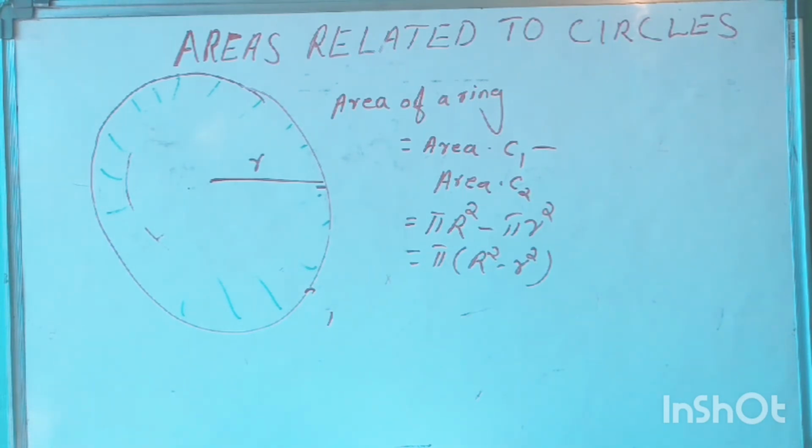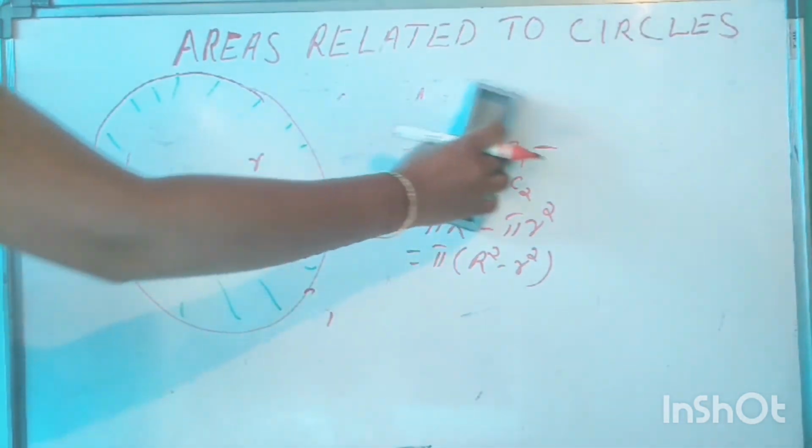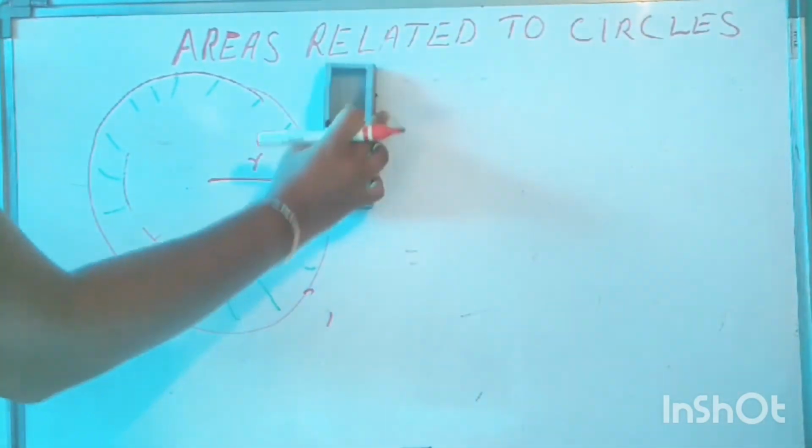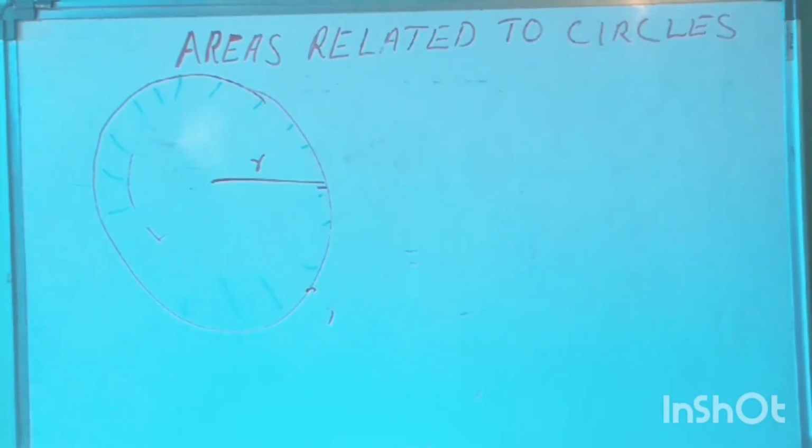Then what is the distance covered by the wheel in one revolution? We have one wheel and the radius of that wheel is equal to small letter r.